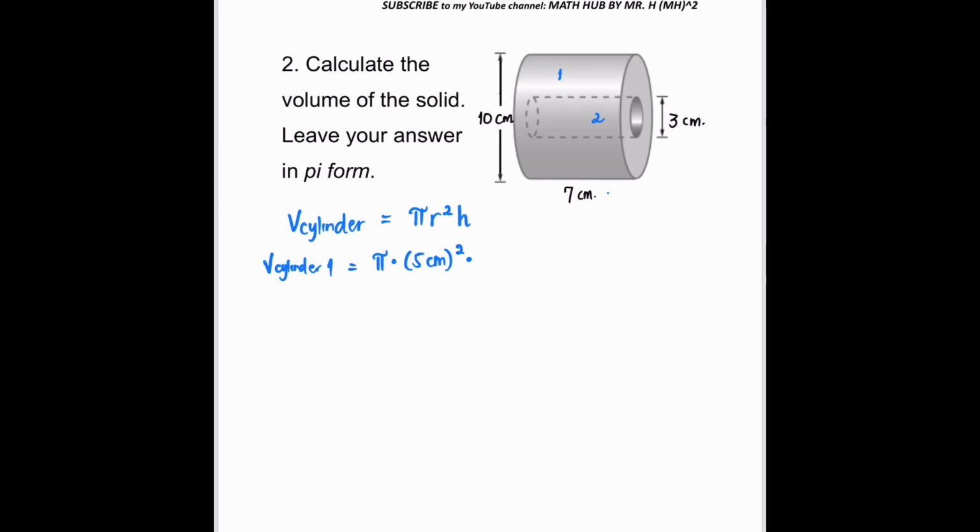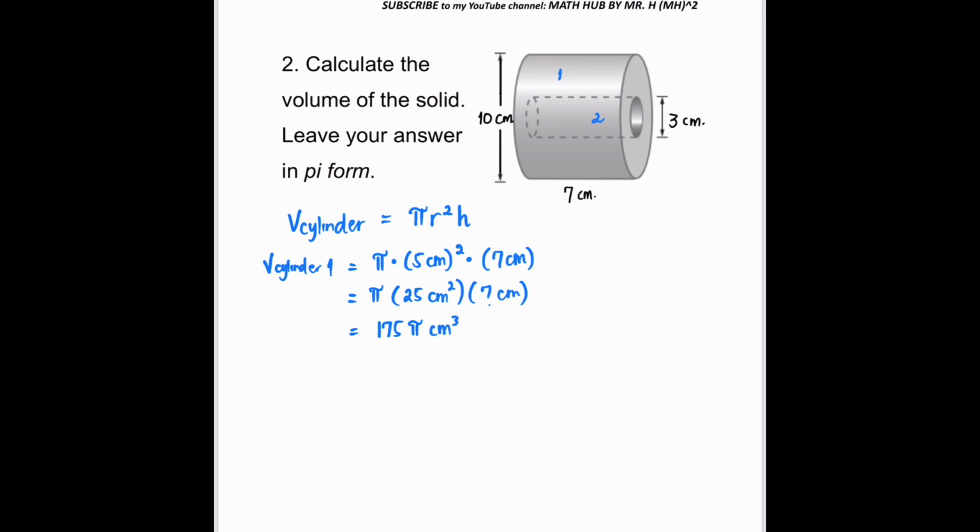The height is 7 centimeters. Then we continue with simplifying. So volume of cylinder 1 will be pi, then we will have 25 centimeters squared times 7 centimeters. And 25 times 7 is actually 175 pi centimeter cubed.